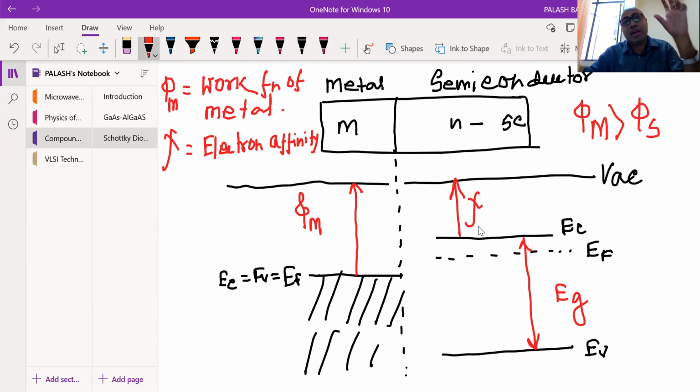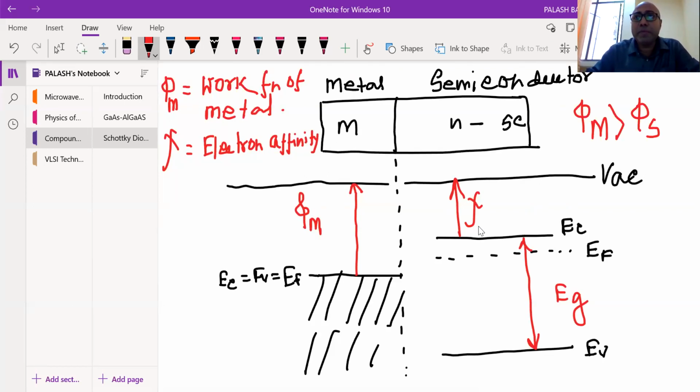So phi m energy is higher than phi s. Whatever I am discussing now, the phi m greater than phi s condition, you can find in the book, but I am not really confident about it, because phi s is not a constant, so I am not recommending it. But whenever you read a book, different books have different approaches, so don't be confused.